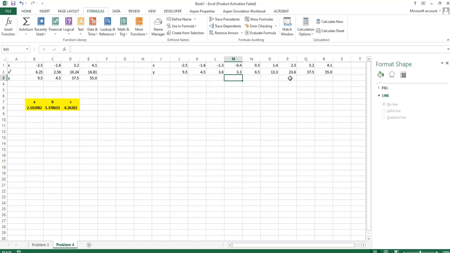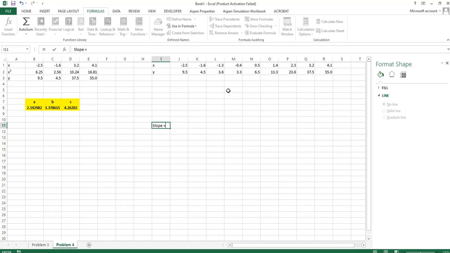So we have gotten all that we needed here. Now let me just do the slope that we were asked to do. We'll just type slope.